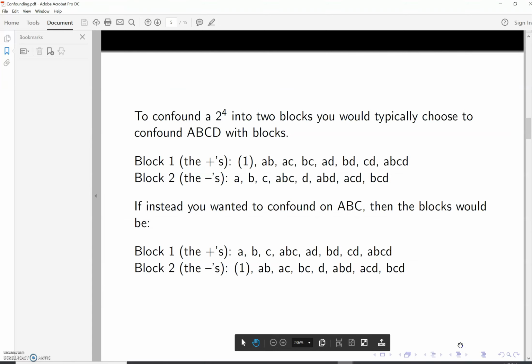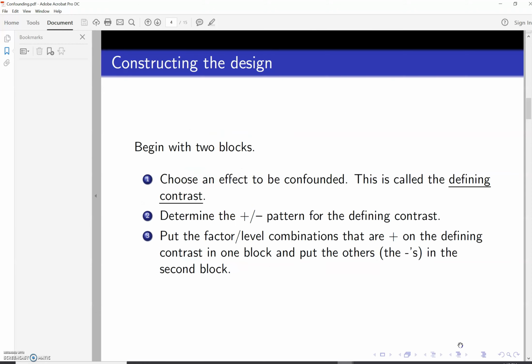So let's step this up now. Go back to constructing the design. We choose our effect to be confounded. Here we call it our defining contrast, and then determine that pattern for the contrast. So I'm going to go back and do that for that 2 to the 3.